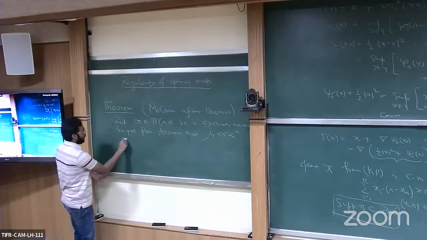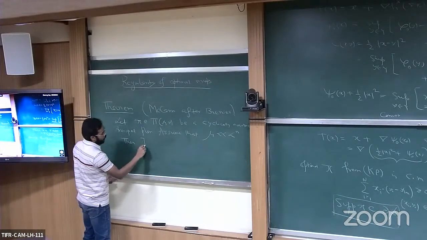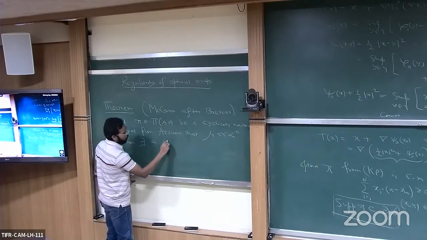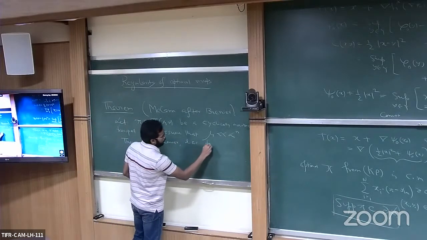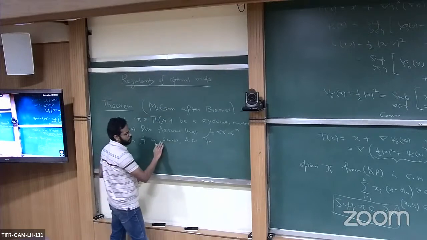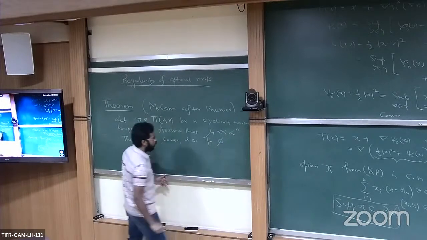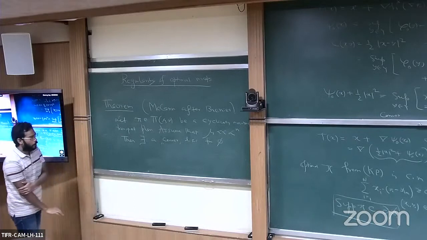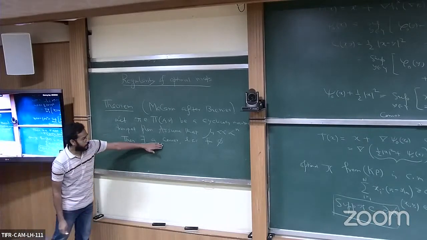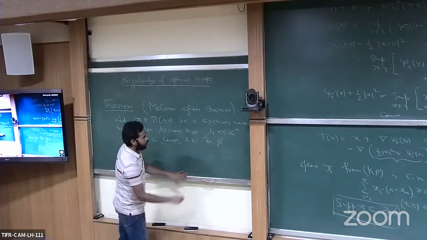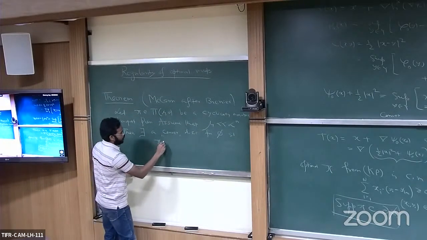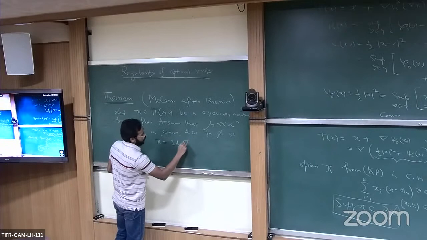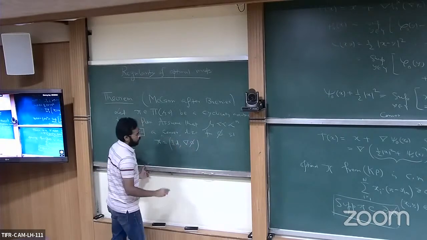Then there exists a convex lower semi-continuous function phi. I should also say proper, meaning that it is not identically infinity. So there exists a convex lower semi-continuous function phi such that pi is induced by the gradient of a convex function.